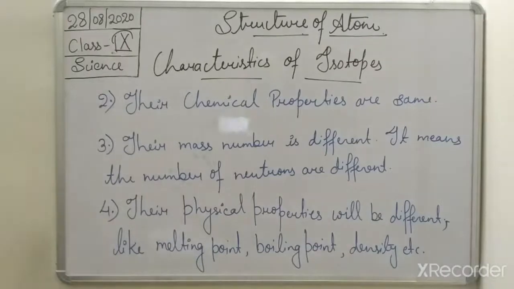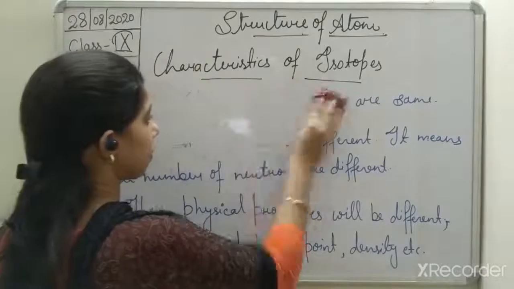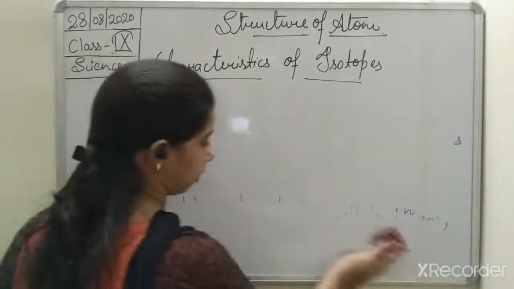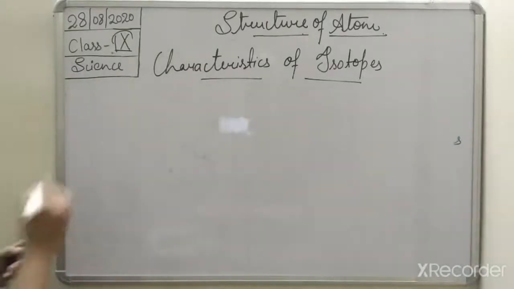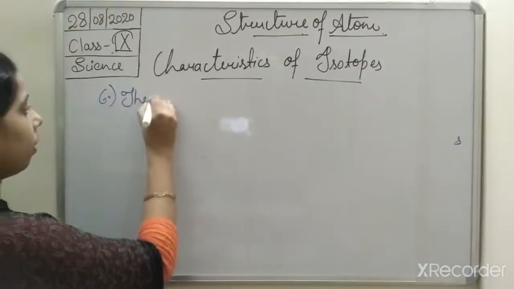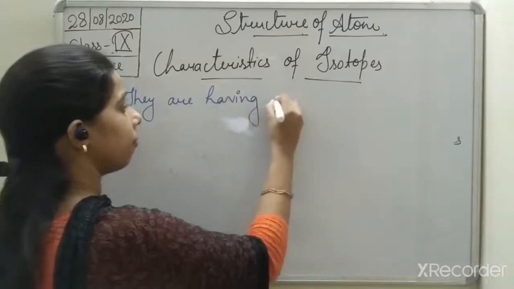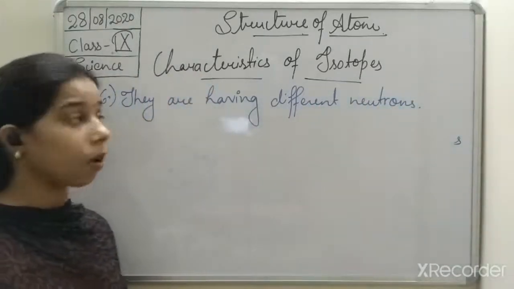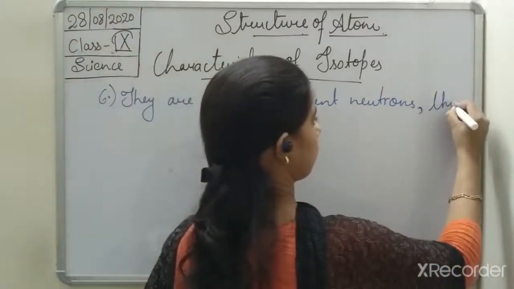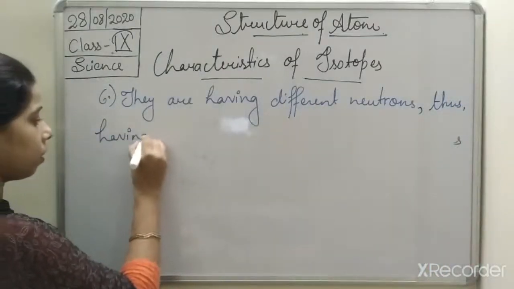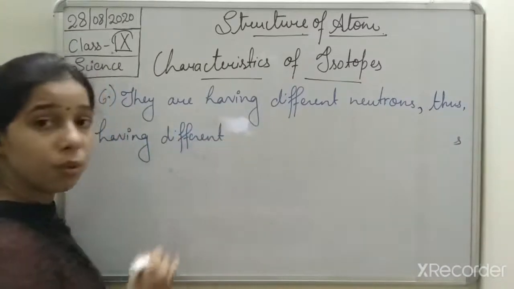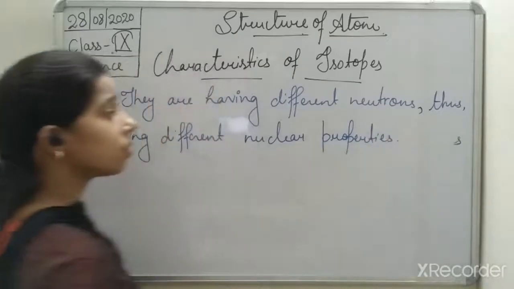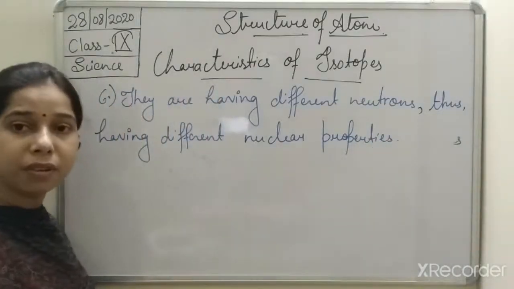So we can write that they are having different neutrons, and thus having different nuclear properties. Since they have different neutrons, they also have different nuclear properties, students.